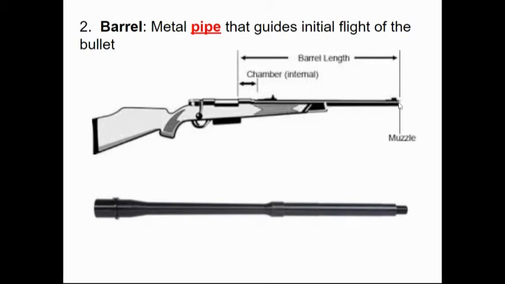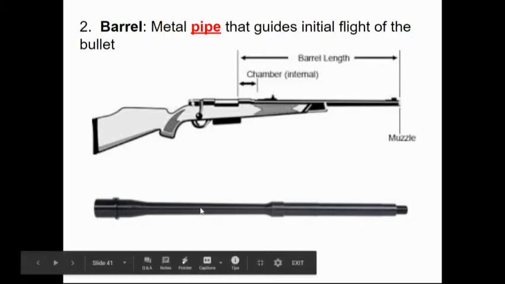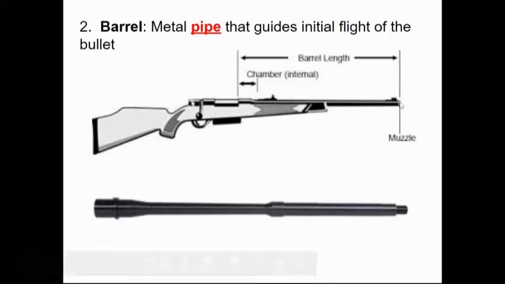Then it's going to leave, and it's going to have external ballistics, meaning fly through the air and everything that can happen to it there or affect it. Then it's going to hit a target, and that's going to be called terminal ballistics. So there's different lengths, diameters, designs, shapes, and features that a barrel can have, but basically it's the pipe that the bullet travels through, and the end of that is called the muzzle.